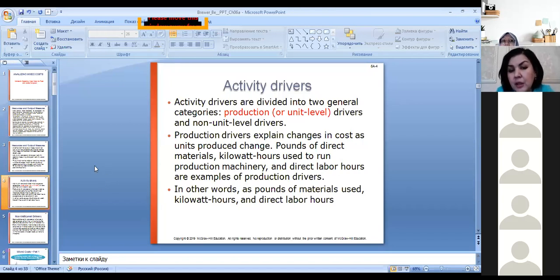In other words, as pounds of materials used, kilowatt hours and direct labor hours increase, the costs are higher.